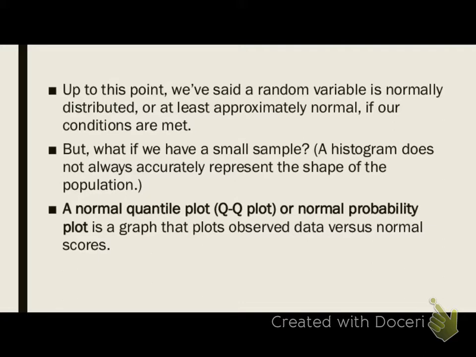Do y'all kind of remember that? So we're going to look at a few of them. It's just called a normal quantile plot, normal probability plot. That's what I mean by that, where it's taking all of the z-scores and graphing them for you. So I'm going to show you how to look at a graph and decide if it's normal. I'm also going to show you how to graph one yourself.